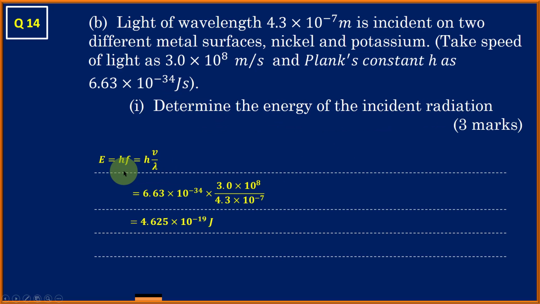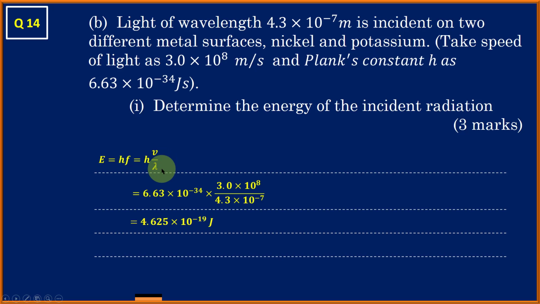This is very easy. Energy of the incident radiation is equal to Planck's constant times the frequency of that radiation, and of course frequency is the speed over wavelength, so I can substitute for frequency as speed over wavelength. In photoelectric effect or in quantum physics, we usually use c to be the symbol for speed of light.